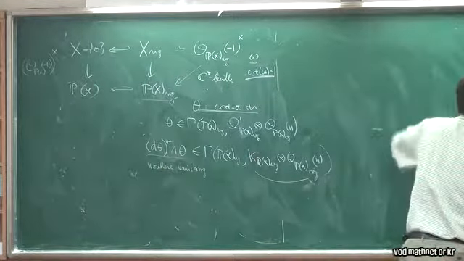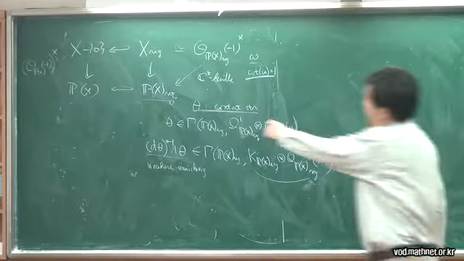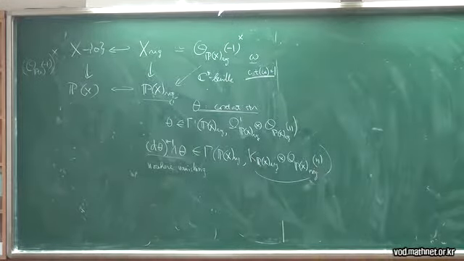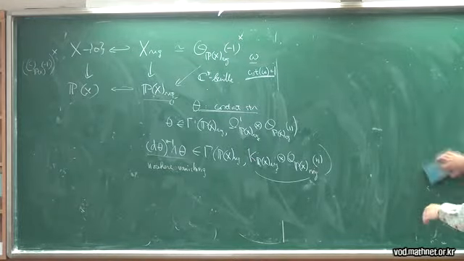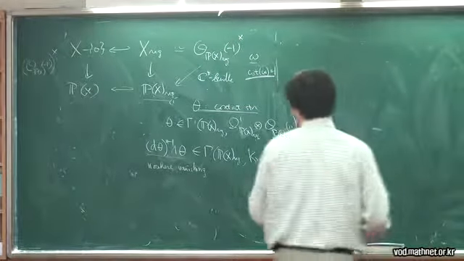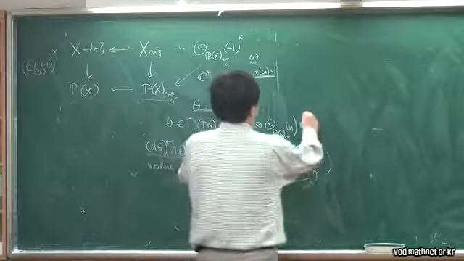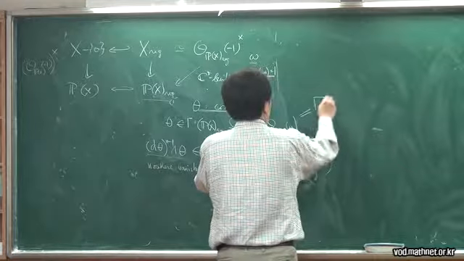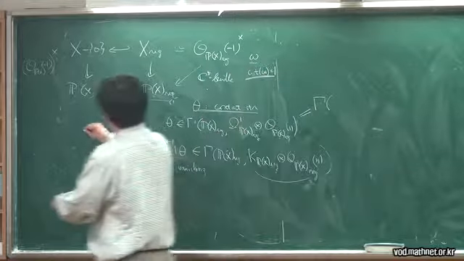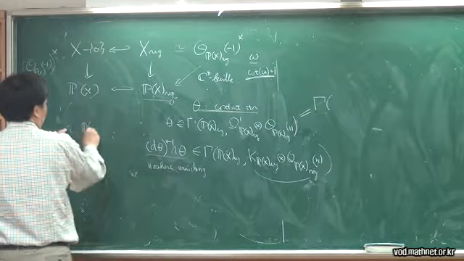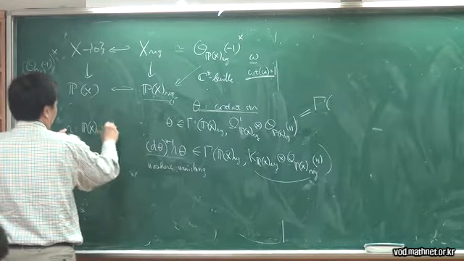But actually, this contact structure can be extended to a contact structure on Z. I want to explain this in a little more detail, because this is nothing but this. Let i be the natural inclusion of the regular part.